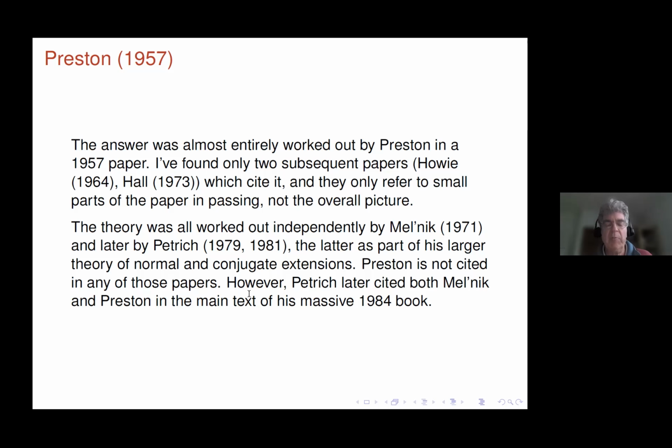However, some of you may be familiar with Mario Petrich's giant book on inverse semigroups. It's, if I remember correctly, about 684 pages, which is about as encyclopedic as it gets. And apparently in the writing of that book, he became aware of both Melnik and Preston's work, and he cited them explicitly in the main text. So much for the history.